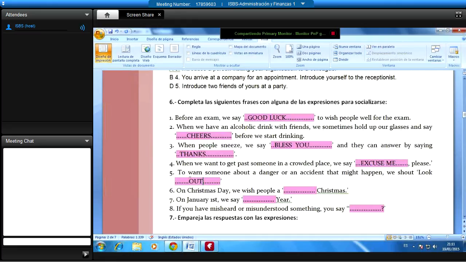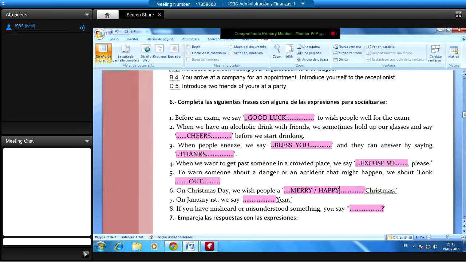On Christmas Day, we wish people a merry or happy, you can also say happy. Merry means happy, really, okay? For example, a carousel for children is also called a merry-go-round.